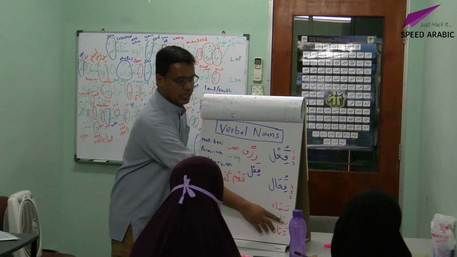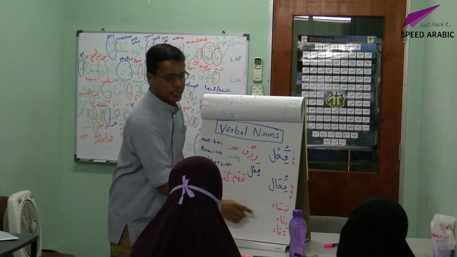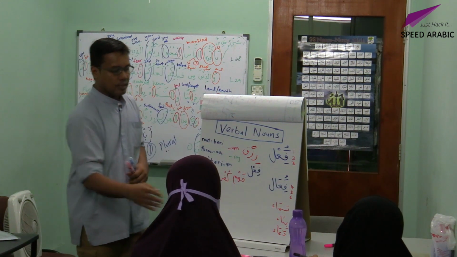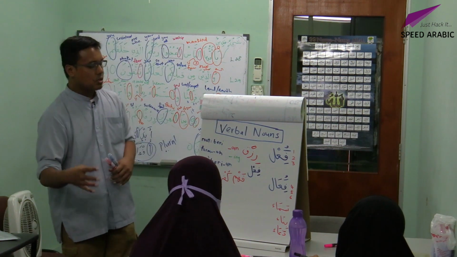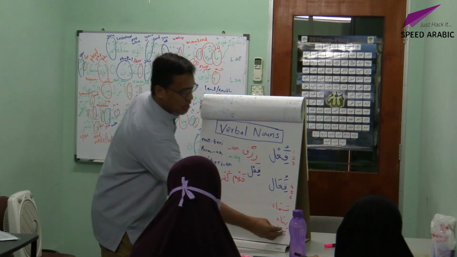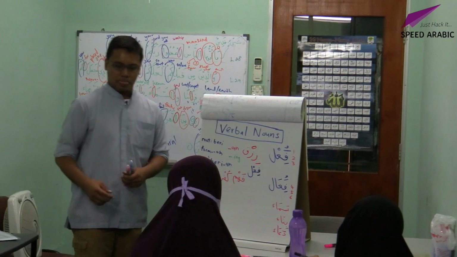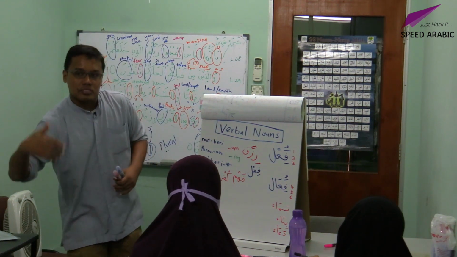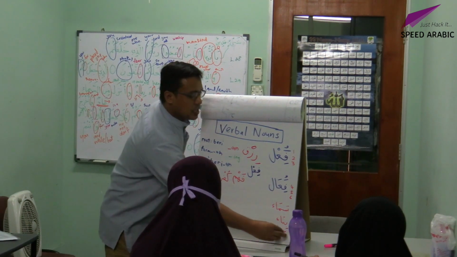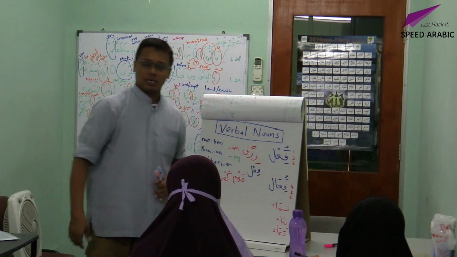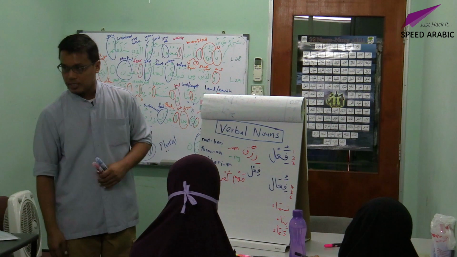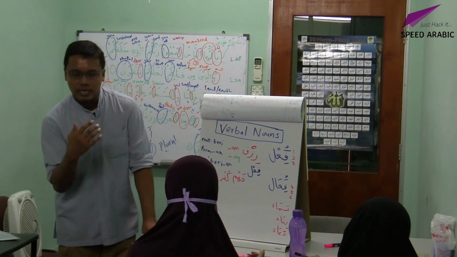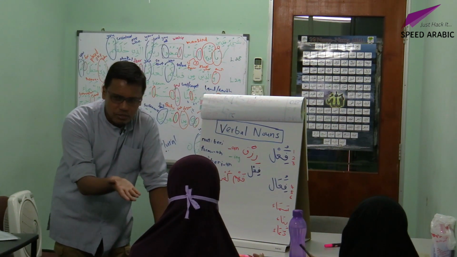Okay, bina is building, because bana'a or banaya is built, and then because the form is fi'al, so bina becomes building. So du'a means da'wah means call, and du'a, the form is fu'al, it becomes call plus ing. Du'a is calling. Okay, so when I ask you, what's the meaning of du'a?